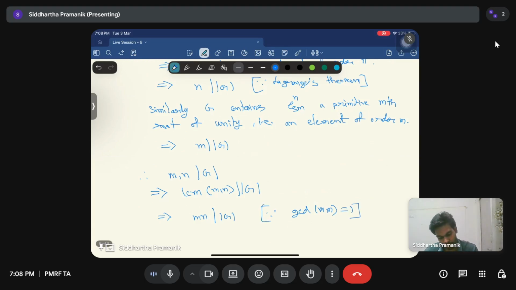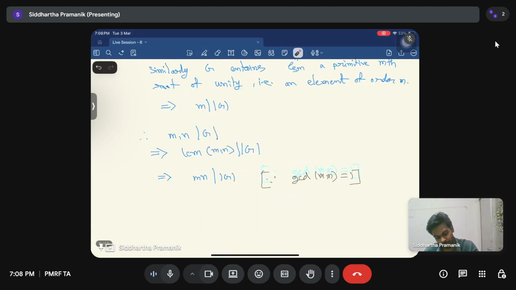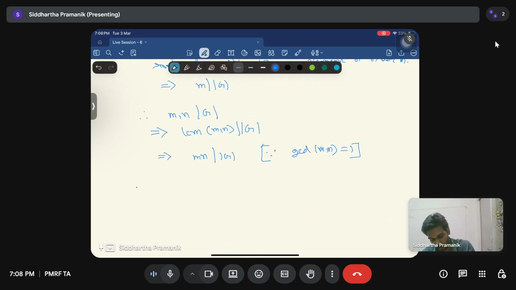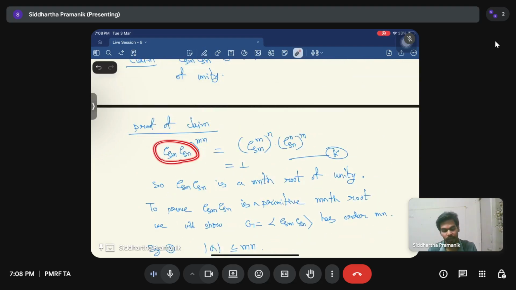Right? And the order of G is less than or equal to mn. That we have already proved, but it is divisible by mn. So the order of G has to be mn. So we have proved our claim. So we have proved that zeta m times zeta n is a primitive mnth root.